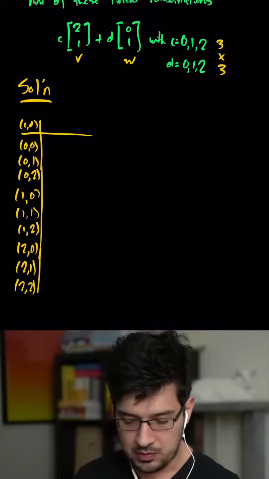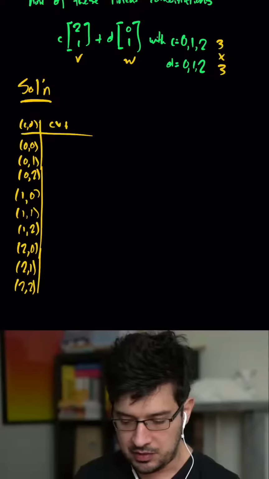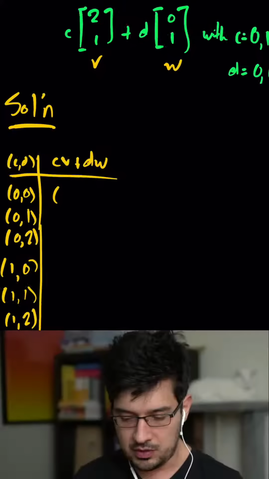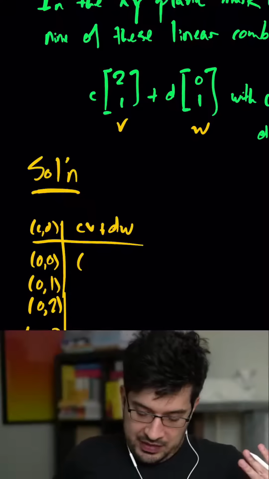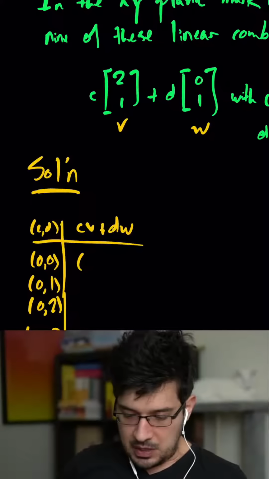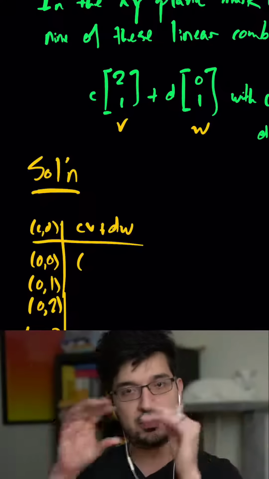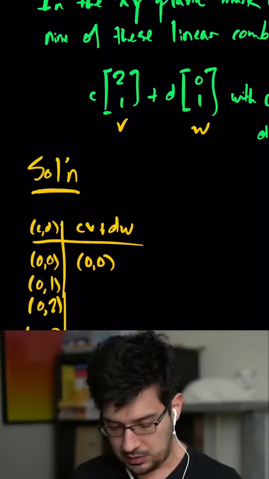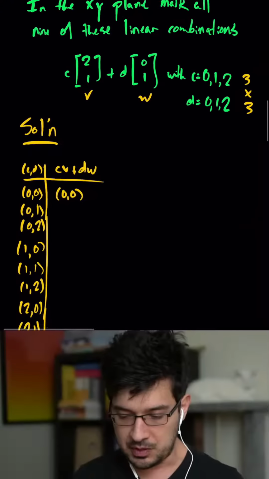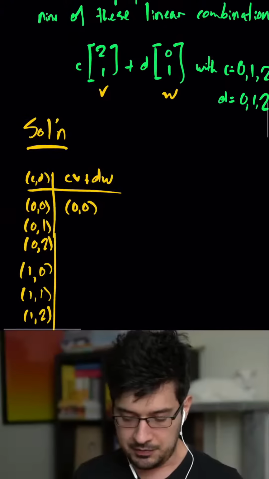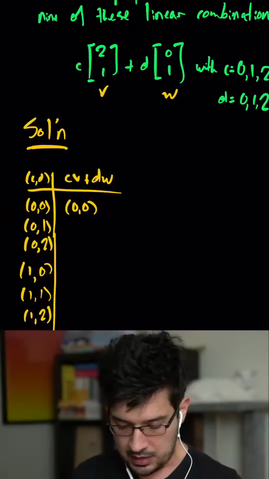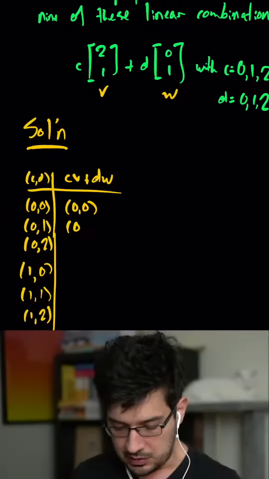What does CV plus DW equal? If C is 0 and D is 0, we're multiplying both of those vectors by the number 0, so this is going to be 0, 0. If C is 0 and D is 1, then this is going to be the vector 0, 1.